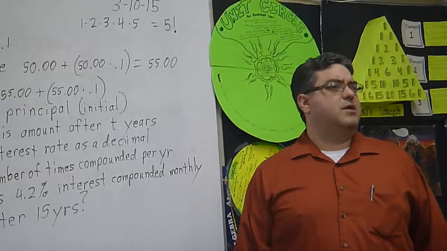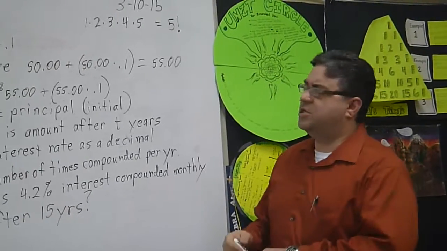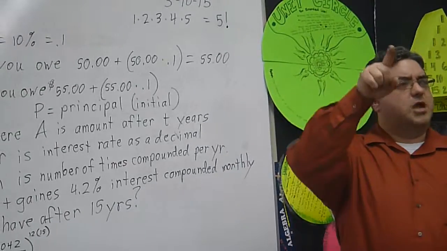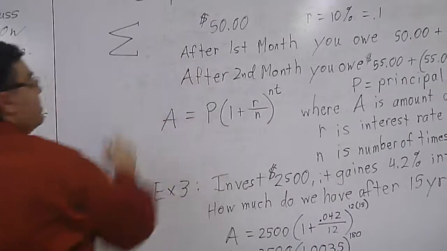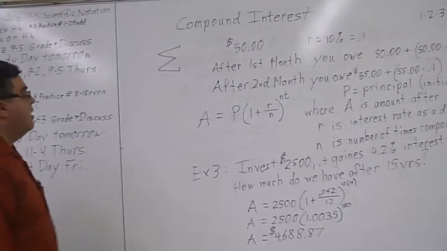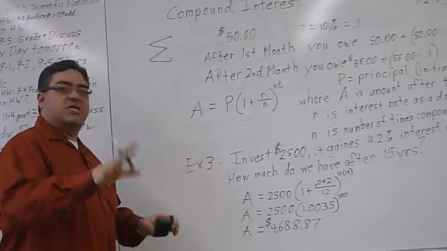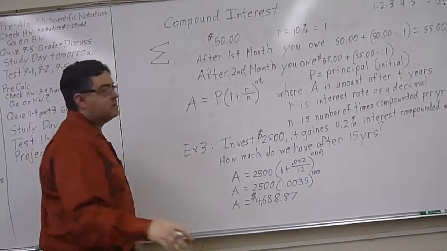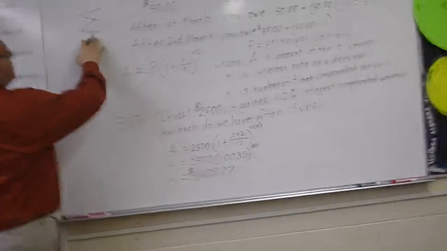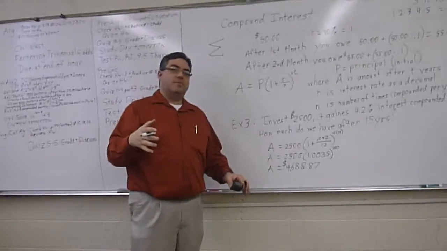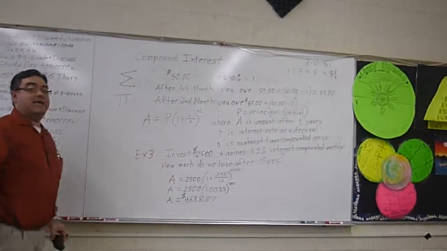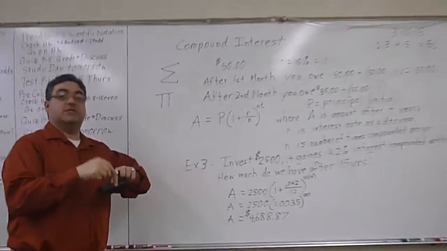I don't know if you guys did in geometry class, if you guys use the sum notation, where you use capital sigma. Probably not. We're going to see a little bit of that in here, so it's okay. But the capital sigma tells you to add things. The capital pi tells you to multiply things in a certain way.